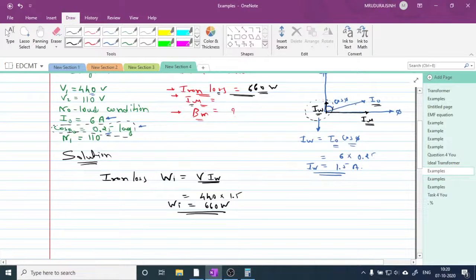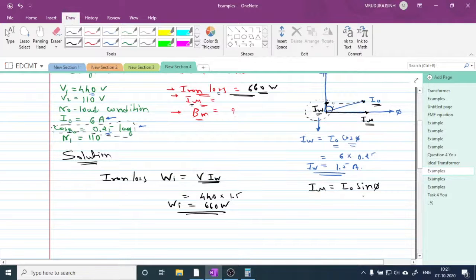If you draw this dotted line over here, which is same in length as I mu, then using this diagram you can write that I mu is equal to I0 into sin phi. So I mu is basically I0 into sin phi.